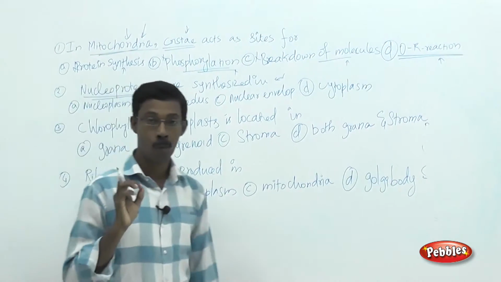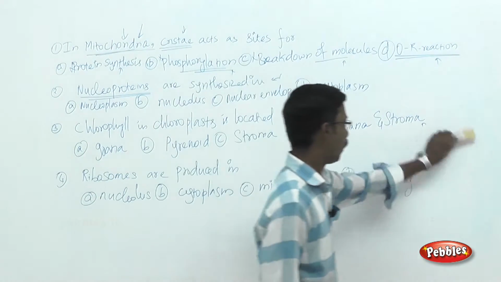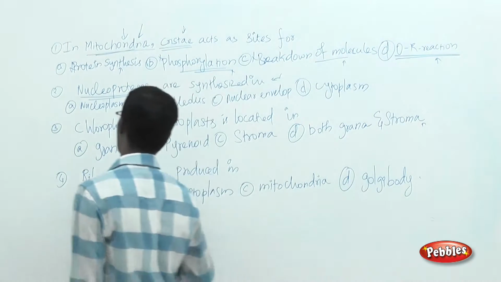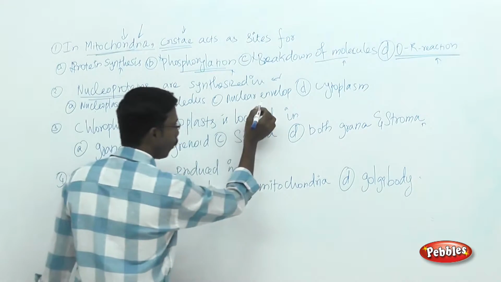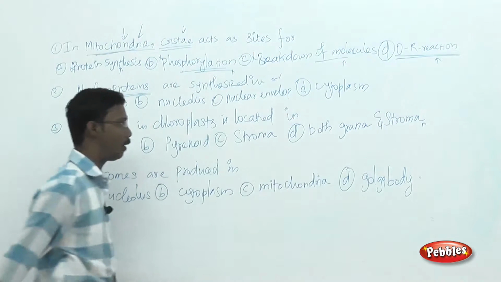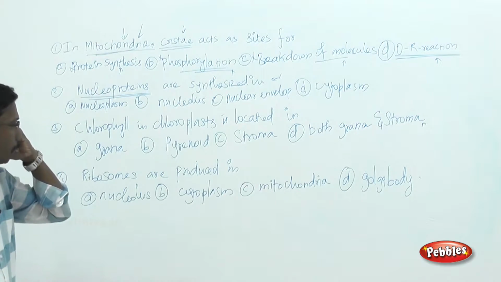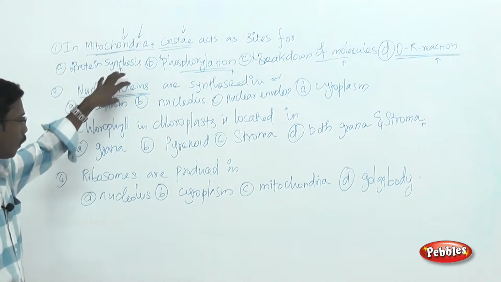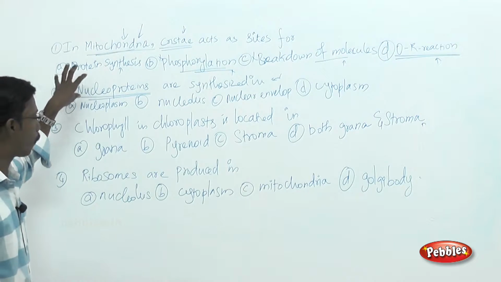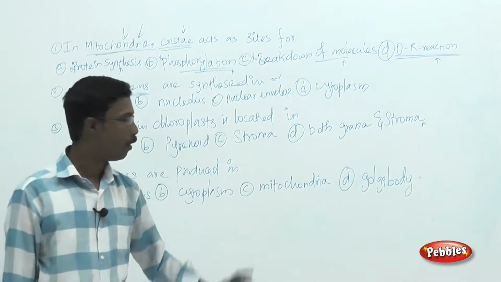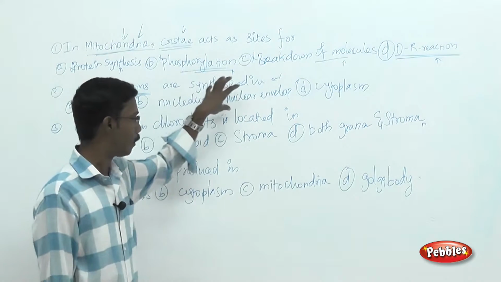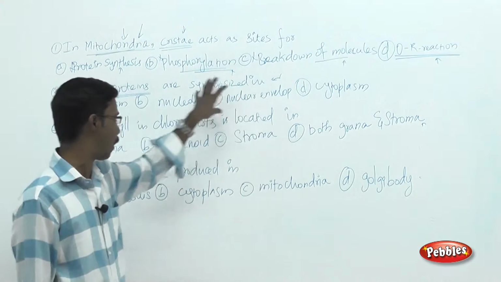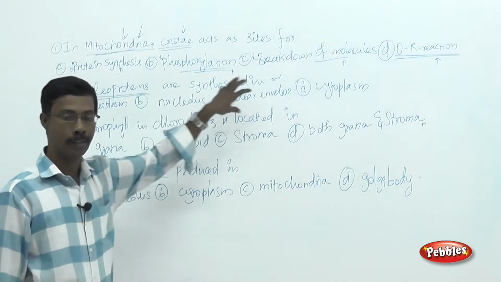First you should remember what a nucleoprotein is. Just see the choices: nucleoplasm, nucleolus, nuclear envelope and cytoplasm. You may think this nucleoprotein is something related to the nucleus, so the answer might be one among these three.